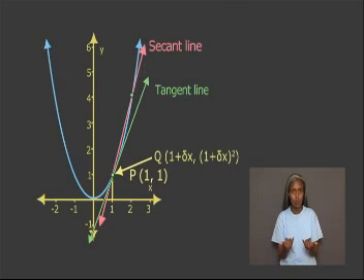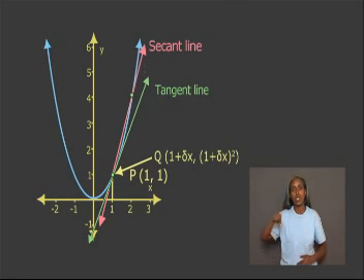Now, let us find the slope of the tangent line at (1, 1). We will let Q be another point on the graph of y equals x squared, such that the increase in the x coordinate in moving from P to Q is represented by the lowercase delta x.